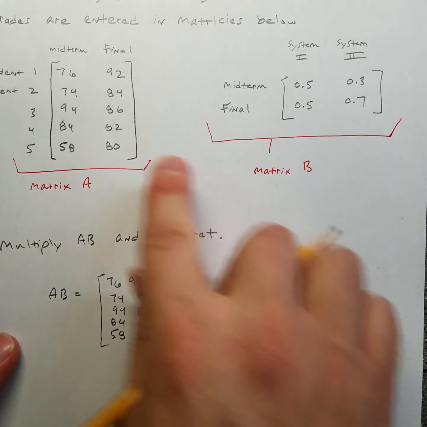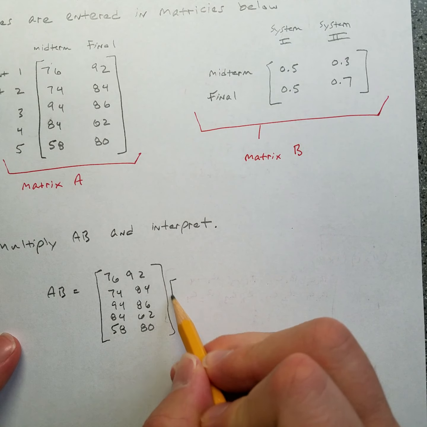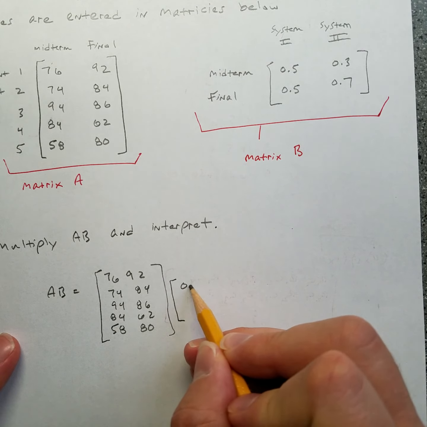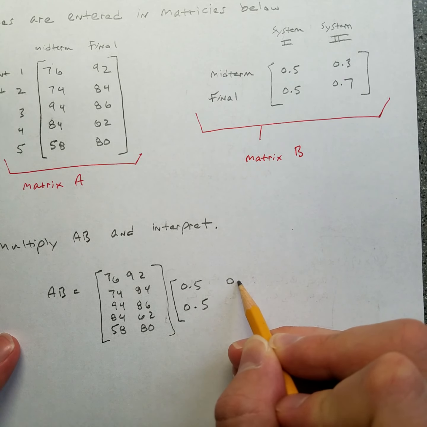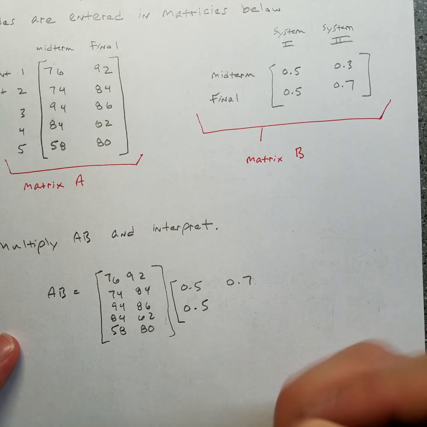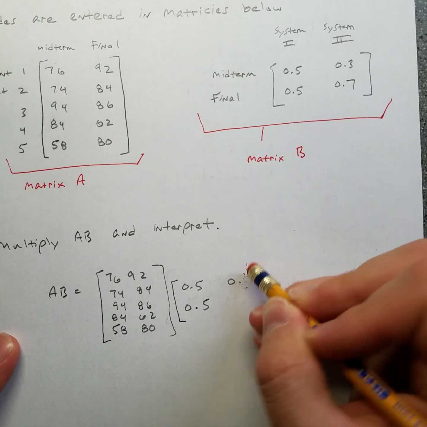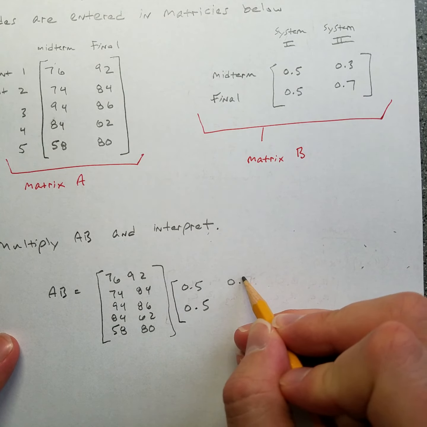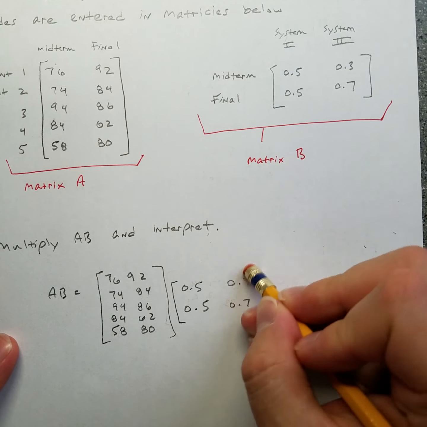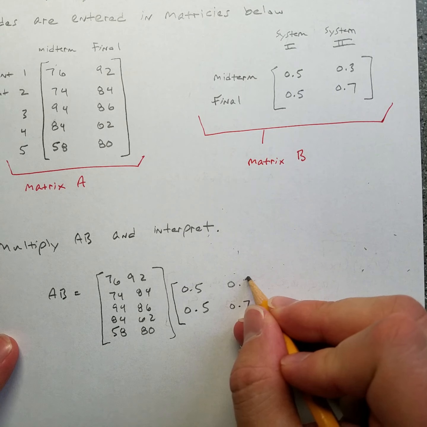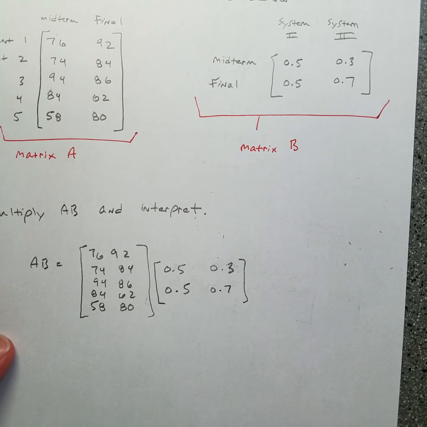Okay, so that times this. And I just rewrote them because I think if we're going to do this, it's nice to see them together. Okay, so there they are. You're looking at them right next to each other, just like we should.